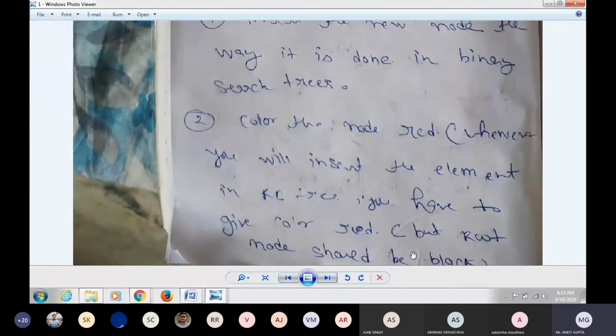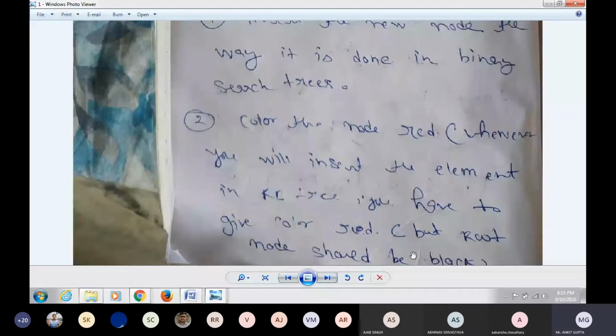If I have an empty red-black tree and I insert the element 5, the color of that node is black, because the root node is black.